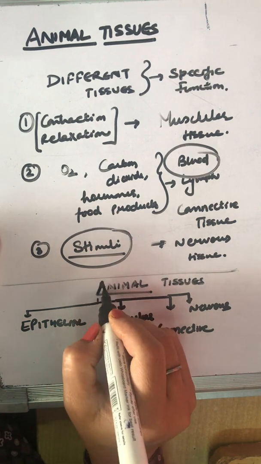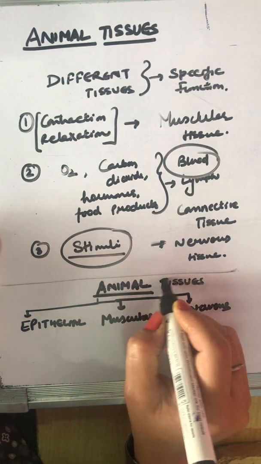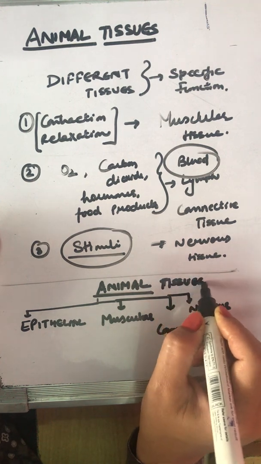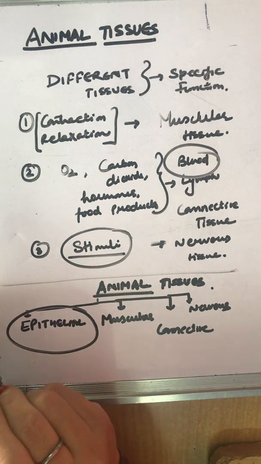These are the four broad categories of animal tissues. Taking up the first one, let's process it in detail.